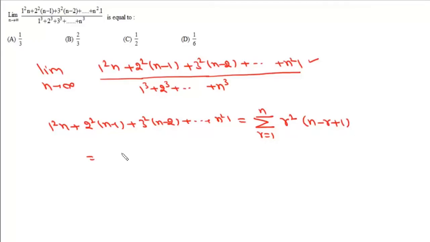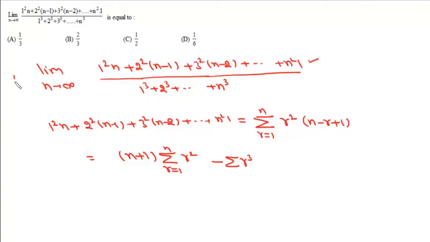Now this is n plus 1 into summation r square minus summation r cube. Now we'll solve this limit.